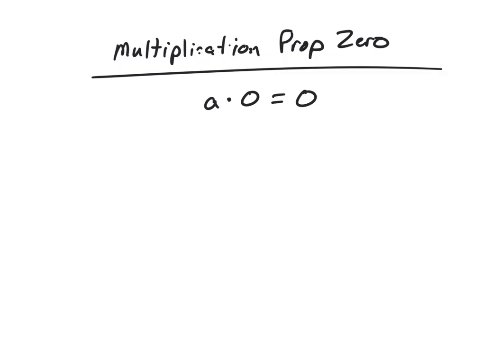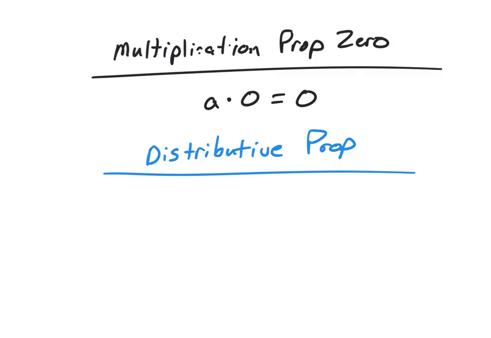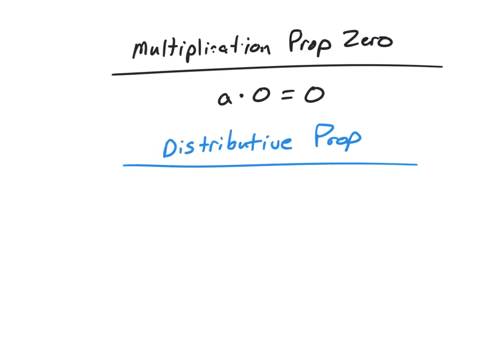Okay, the last property is what we call the distributive property. This is one that I know we've used a lot, okay?